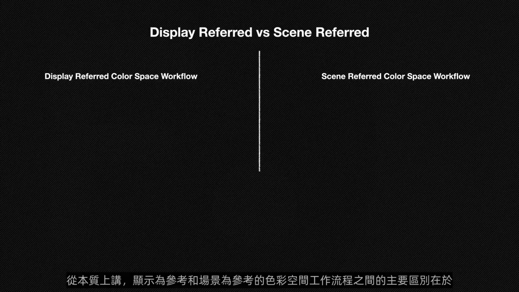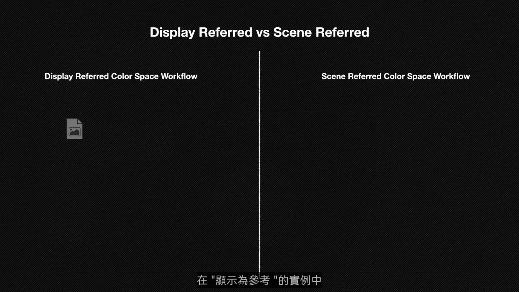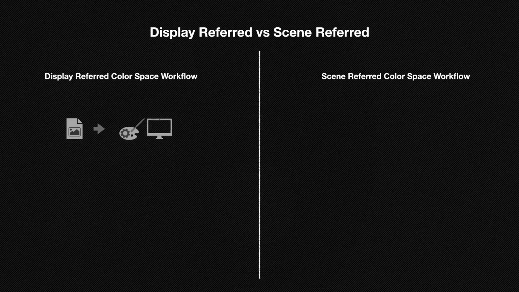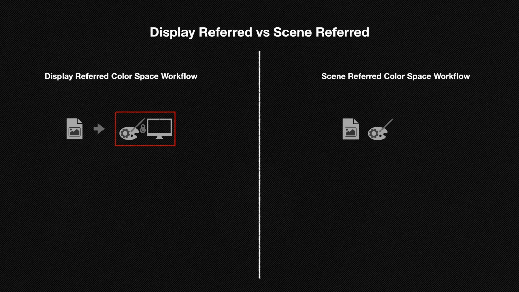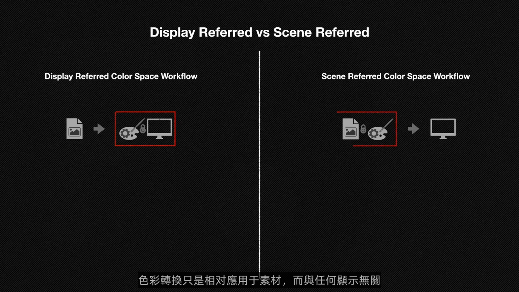Essentially, the main difference between display-referred and scene-referred color space workflows is this. In the display-referred instance, you have the footage and then the color transformation is applied in relation to the display, so it can be shown correctly. While in the scene-referred instance, the color transformation is applied in relation to the footage, agnostically from any display.